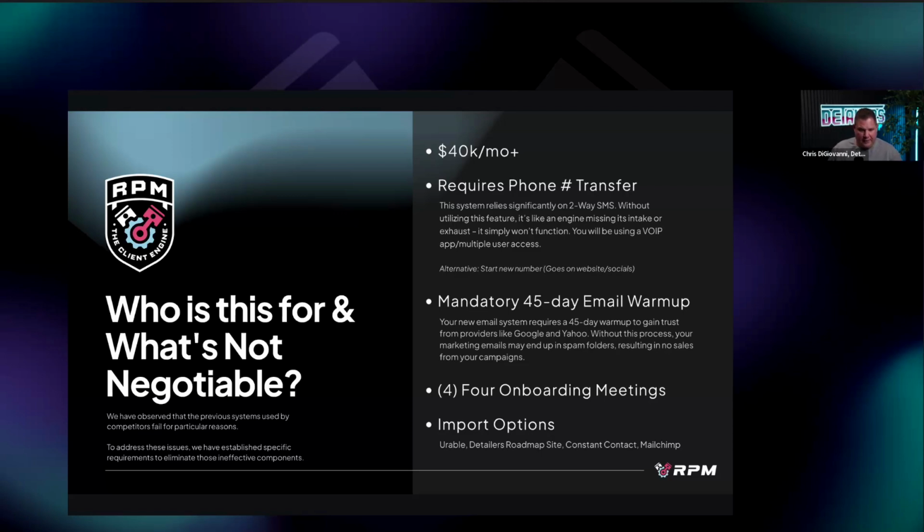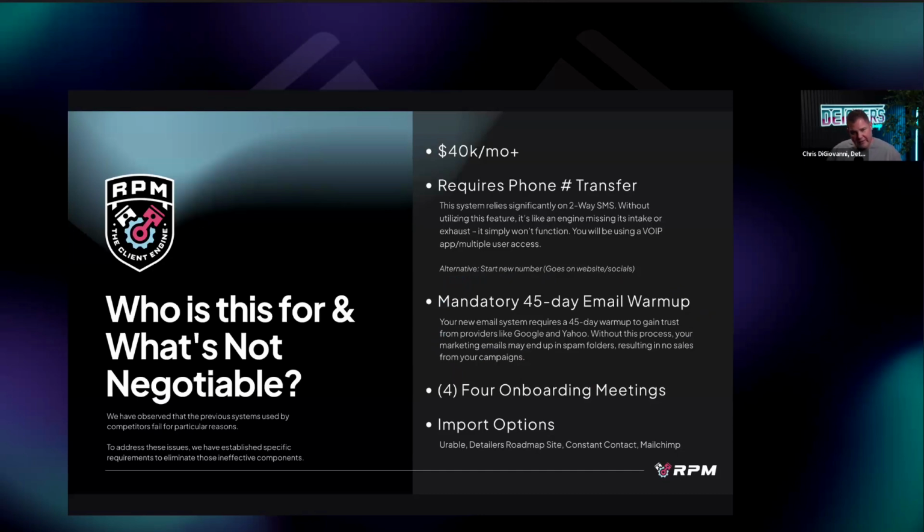That's why. The other part, and it's probably my favorite part, is what's called a mandatory 45-day email warm up. Listen, we're nerds here. You don't have to be the nerds, but I'm going to let you know right now, a lot of times we found up to 80% of emails coming out of shops, especially ones using similar systems, were landing in spam.